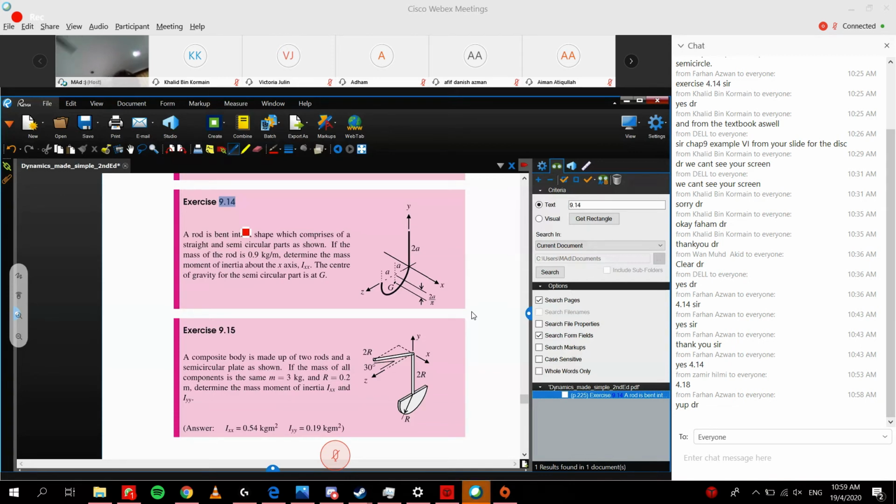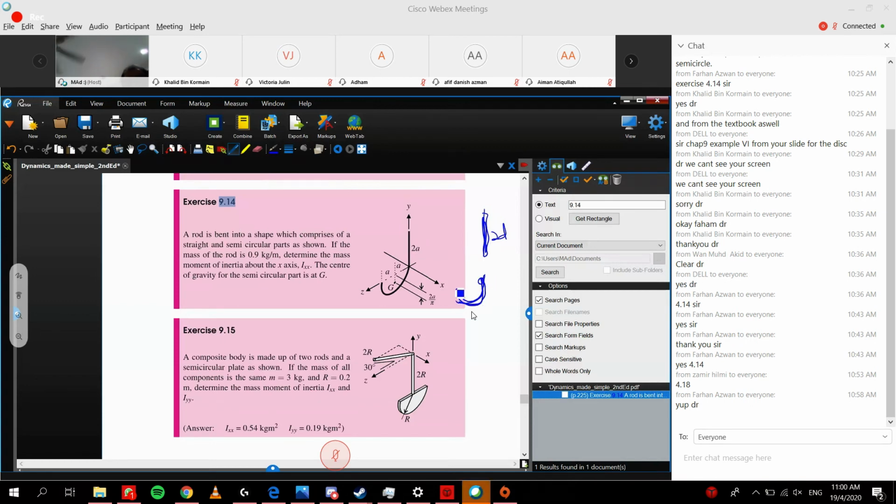Remember, this problem is about a rod. You need to divide this into two components. The first component is this straight rod, the length is 2d, and your second component is the semicircular rod. This is not a disc, this is a rod. Remember this is a rod.